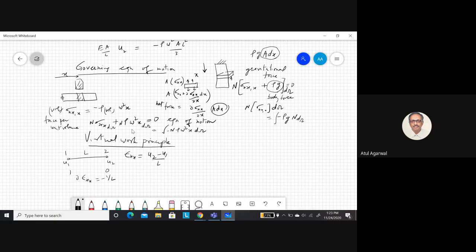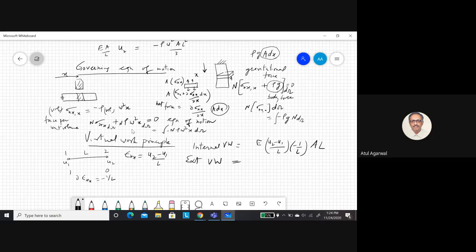So what is internal virtual work? Internal virtual work is actual stress multiplied by virtual strain, and this you have to integrate over this volume. Since this is a constant, this is the internal virtual work. What is the external virtual work?